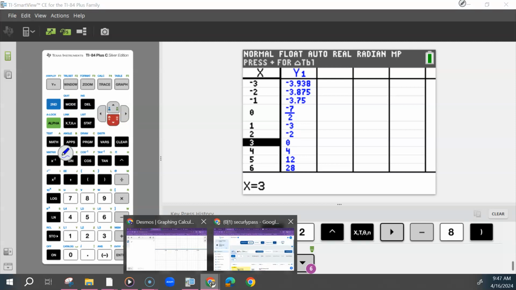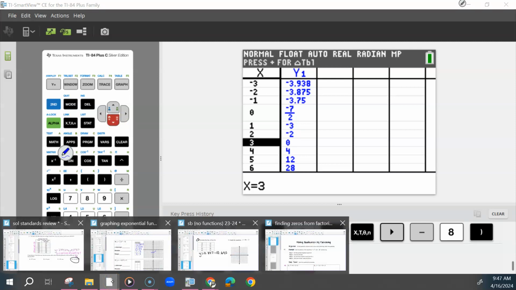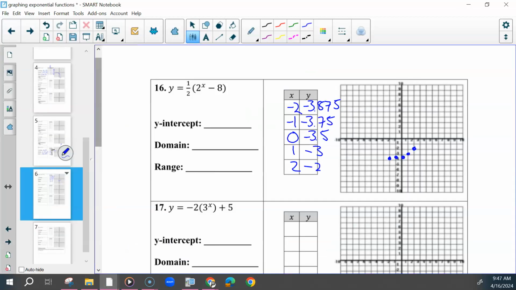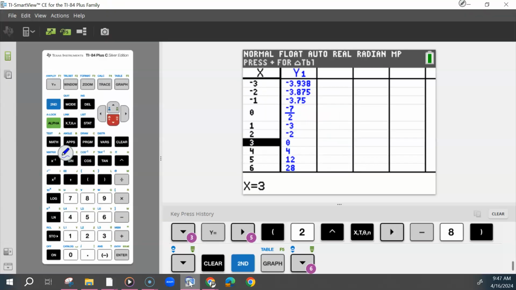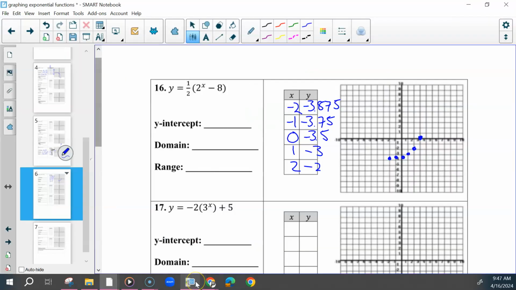You don't have to graph those points, but you can if you want. Then you could see more of the curve. Again, you don't need to do that. You could just kind of guesstimate where it is. But if you wanted to be more accurate, then you could do that. And that's what the y-intercept became.